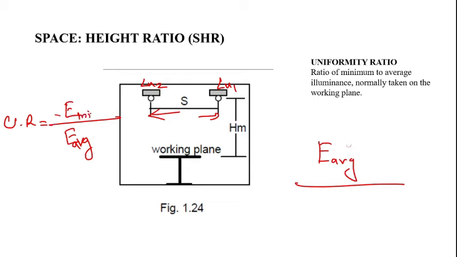The ratio of these two values is defined as the uniformity ratio. So uniformity ratio is the ratio of minimum to average illumination normally taken on the working plane.